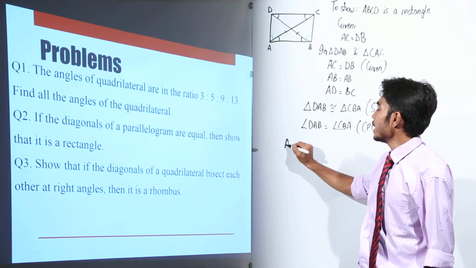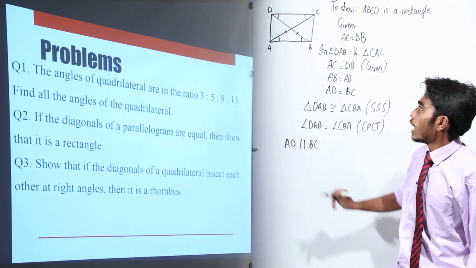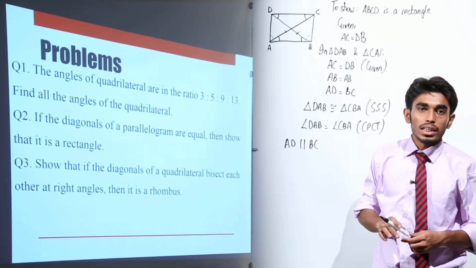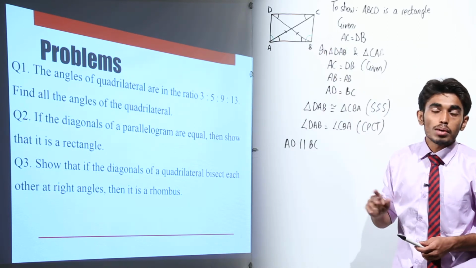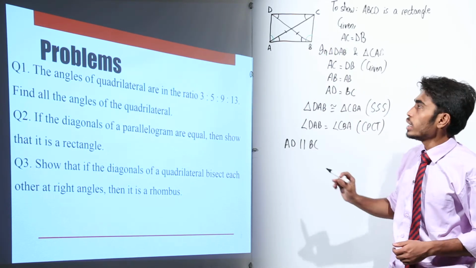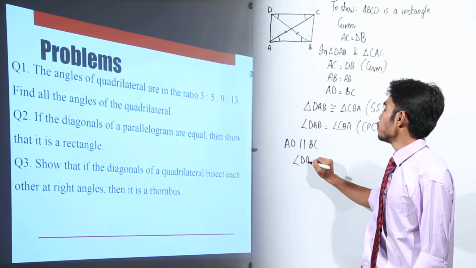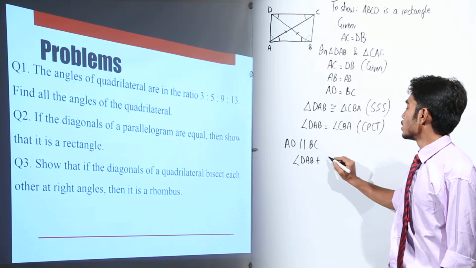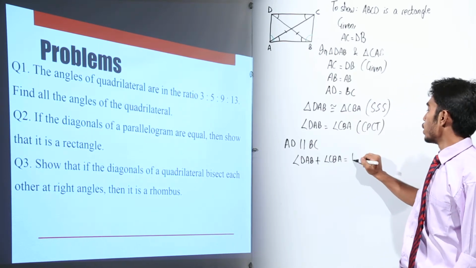Angle A and angle B are co-interior angles, and because these are parallel lines, the sum of co-interior angles has to be 180 degrees. So angle DAB plus angle CBA should be equal to 180 degrees.